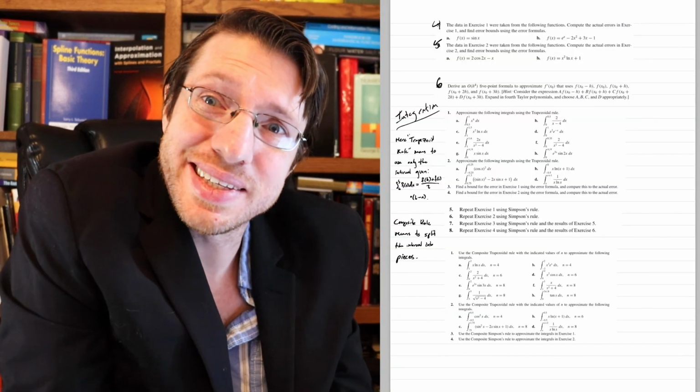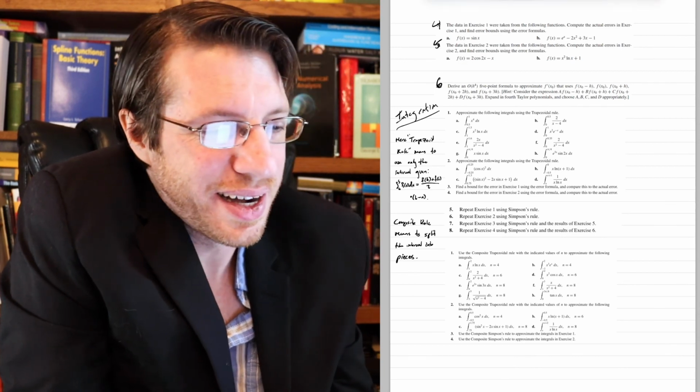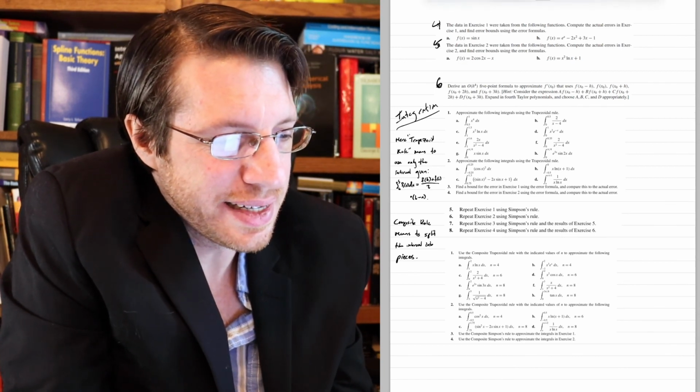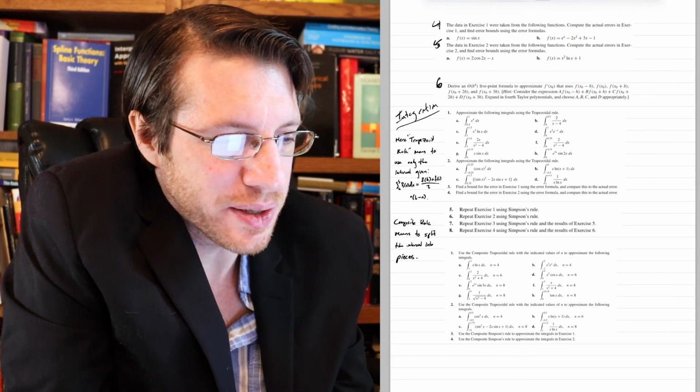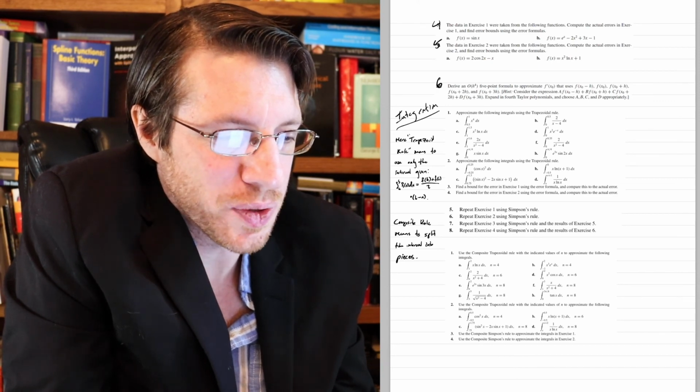So what I'm going to do now is go over the integration homework, and it's not too bad. Actually, let me go ahead and get the recording started again. Start recording. Cool. All right, so if you take a look at these problems here, the first problem says approximate the following integrals using a trapezoid rule.